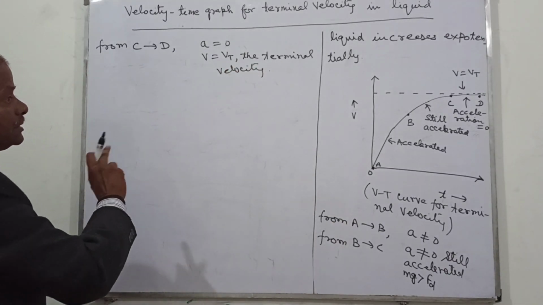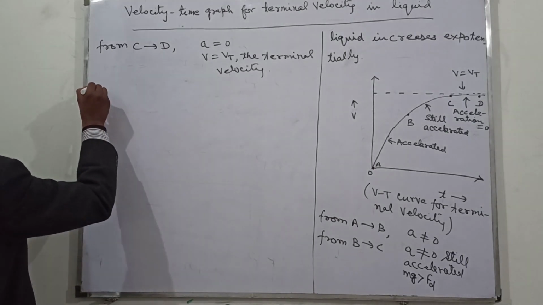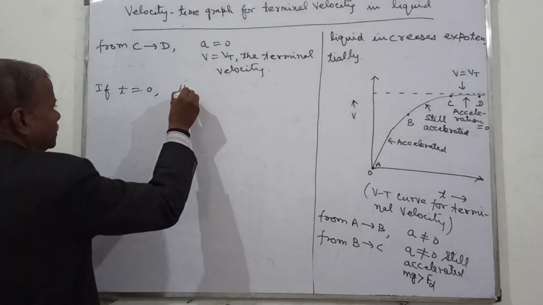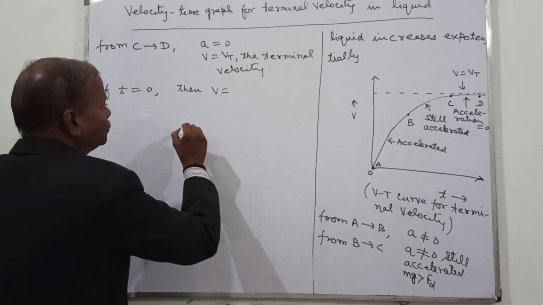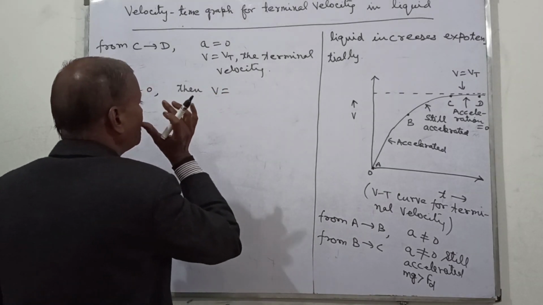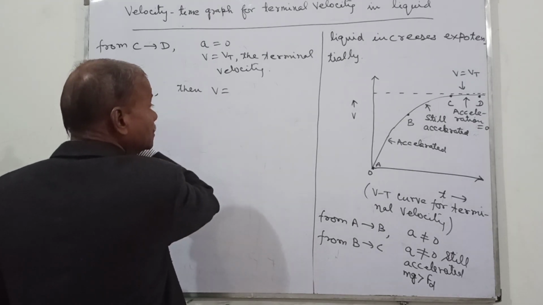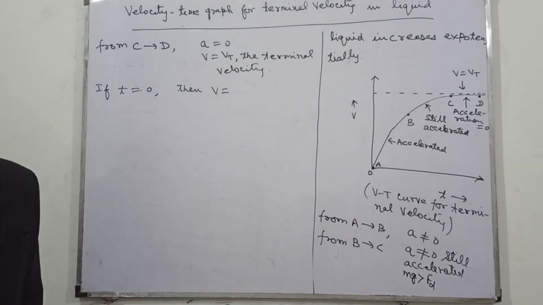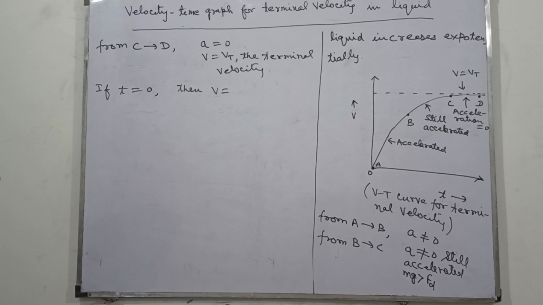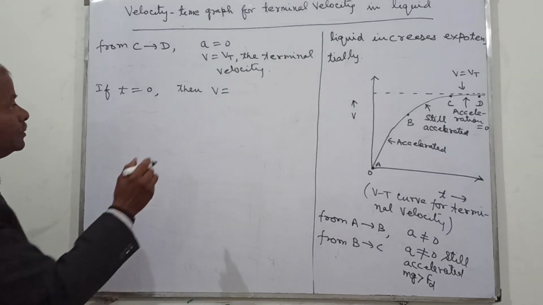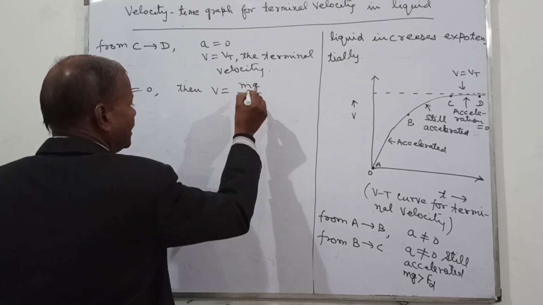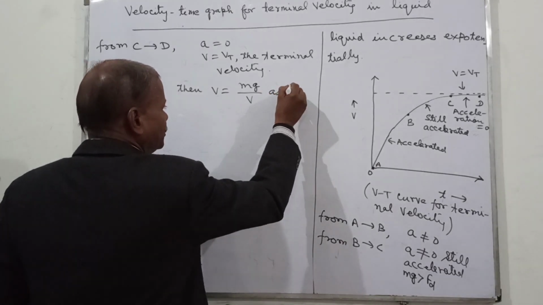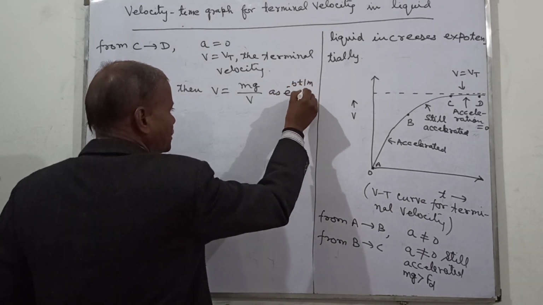So you can see from here that at the condition t equal to 0, then v equal to mg upon b, because e to the power minus bt upon m tends to 0.